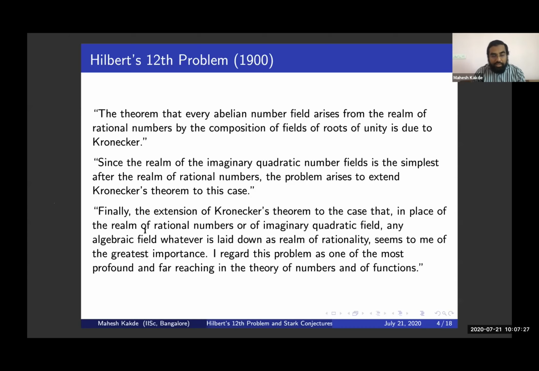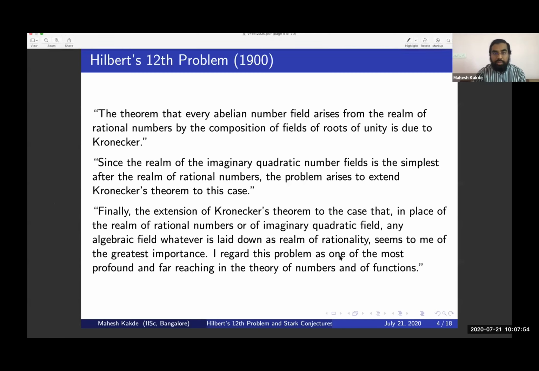He says: finally, the extension of Kronecker's theorem to the case that in place of the realm of rational numbers or of an imaginary quadratic field, any algebraic field, whatever is laid down as the realm of rationality, seems to me of the greatest importance. I regard this problem as one of the most profound and far-reaching in the theory of numbers and of functions.